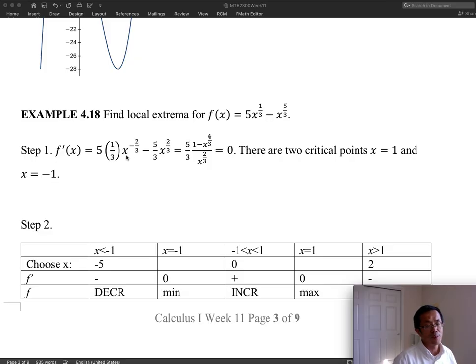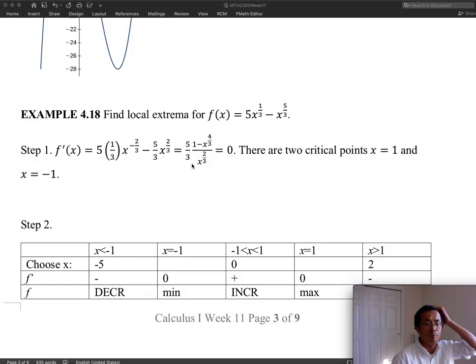Let me check if I'm getting this part correct. Yeah, there are 2 5/3 there, right? So they both are taken out as a single coefficient for the entire fraction. x to the negative 2/3 is x to the 2/3 in the denominator.